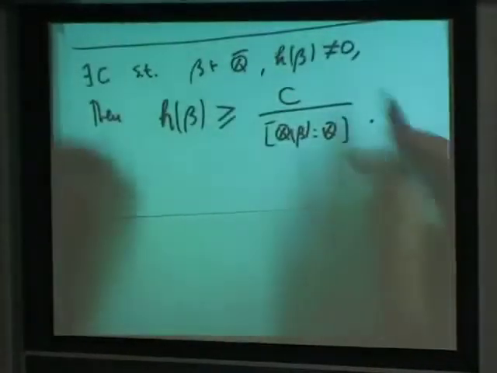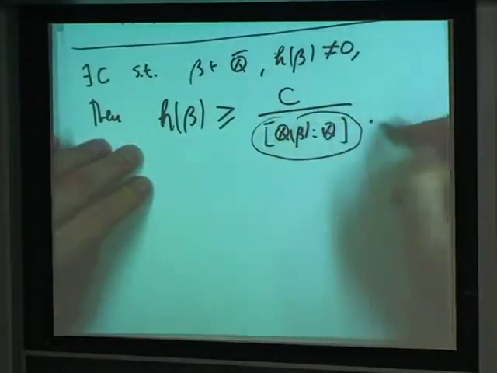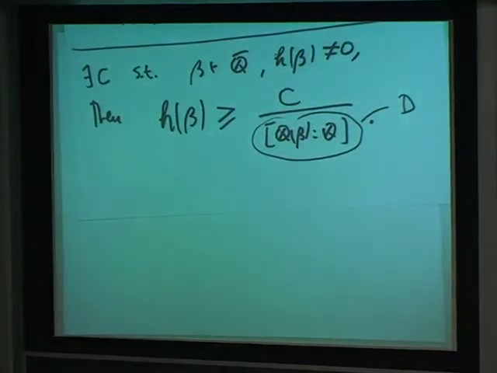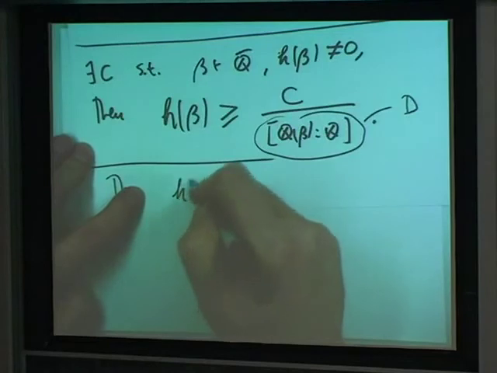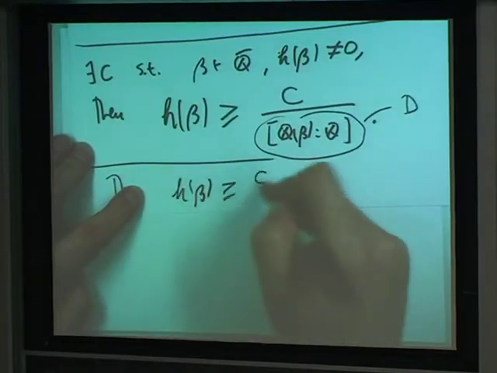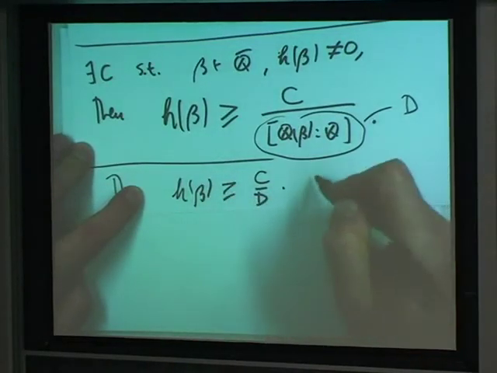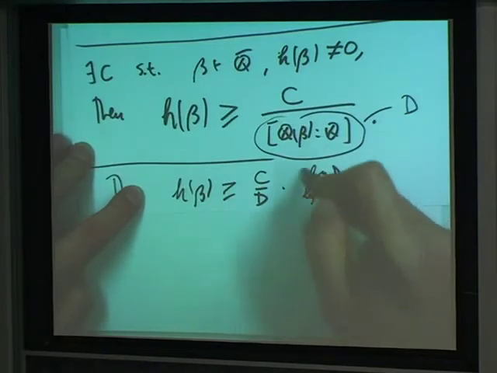And one can do a completely analogous thing over number fields. Oh, by the way, this is not known. The best that's known, let me call this degree D. Okay, so that's a conjecture. There's a theorem that the height of beta is greater than or equal to C over D times (log log D over log D) cubed.